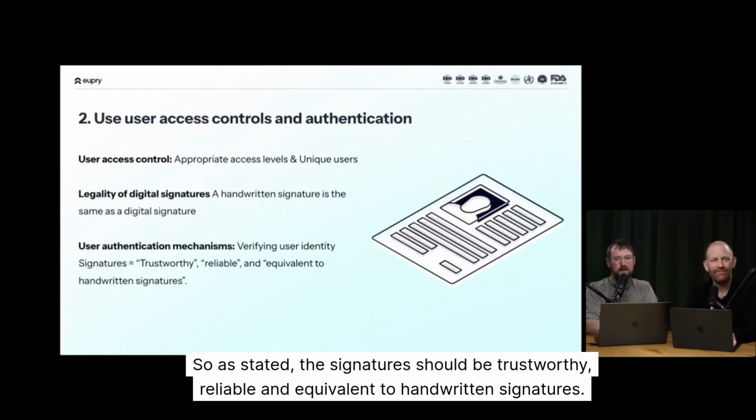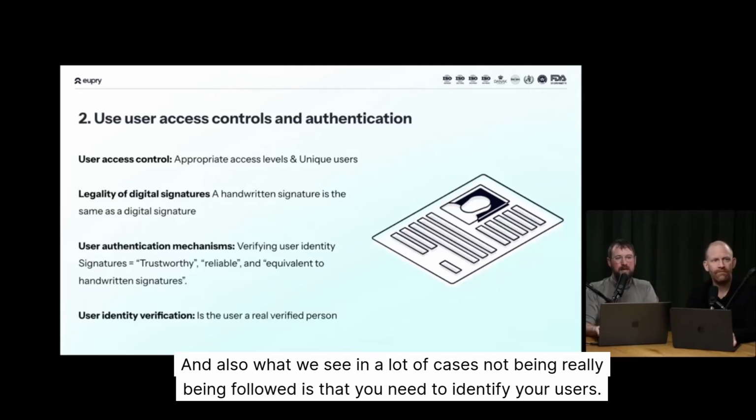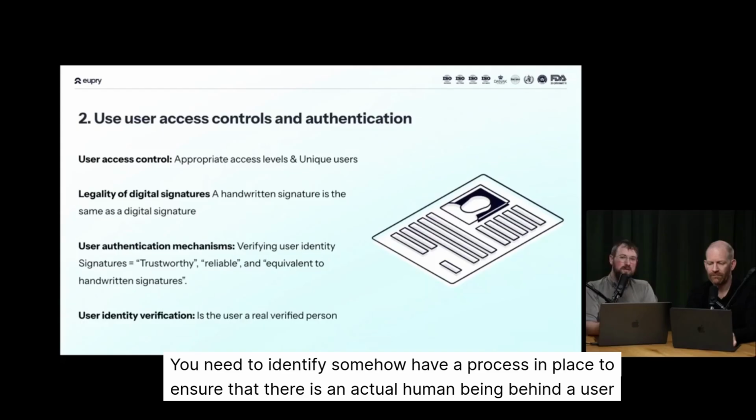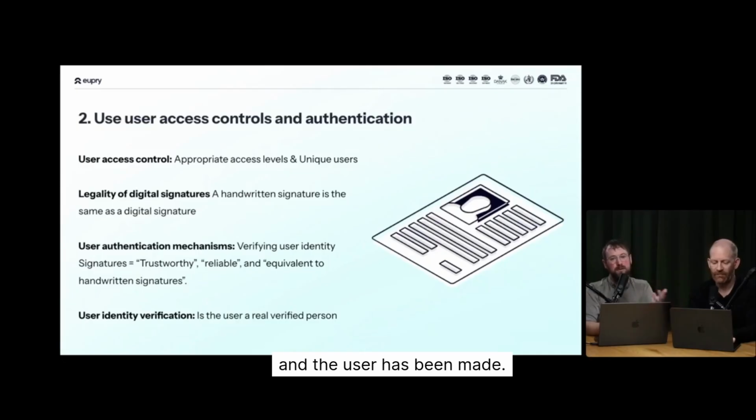So as stated, the signatures should be trustworthy, reliable, and equivalent to handwritten signatures. If you want to shorten it down, that's the easiest way to say it. And also what we see in a lot of cases not being followed is that you need to identify your users. You need to have a process in place to ensure that there is an actual human being behind a user, that you've verified that those are your employees, and that the linkage between the real person and the user has been made.